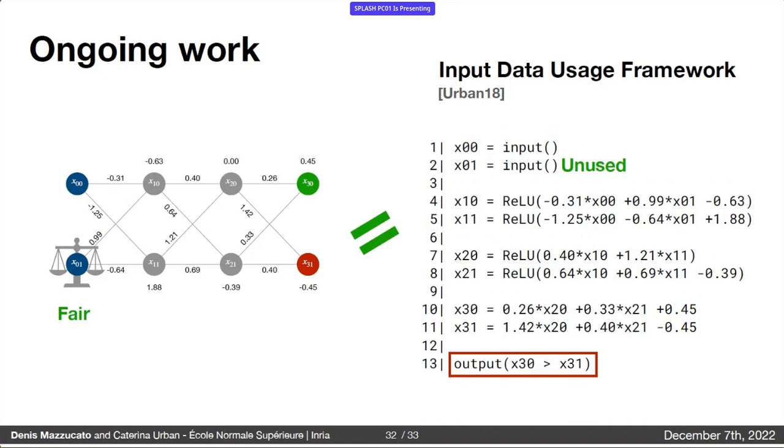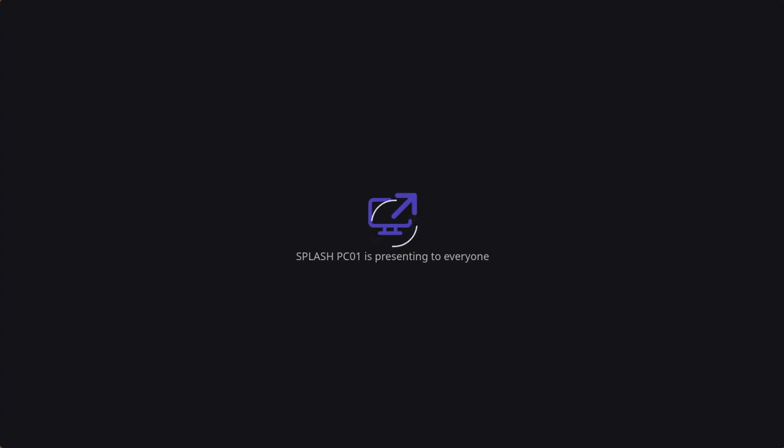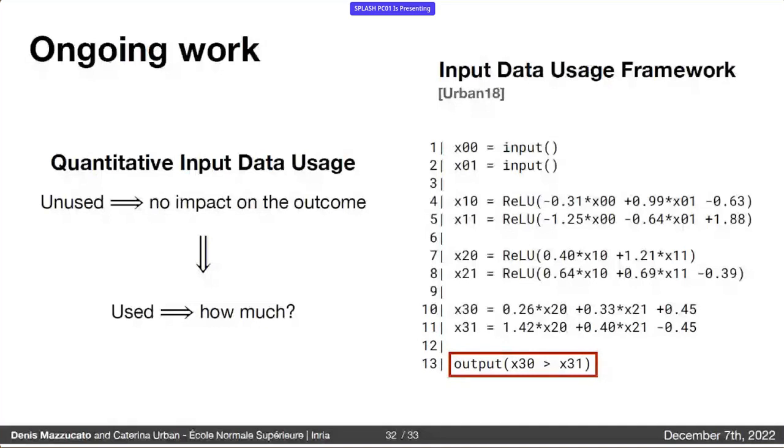And so, how do we want to proceed now? We want to extend this input data usage framework to data science programs, since a lot of them run on huge datasets, and maybe they use all the variables in that dataset, but maybe they only use just the beginning of the dataset and not the rest, or only slightly use the rest.